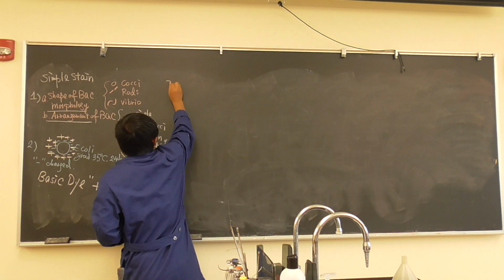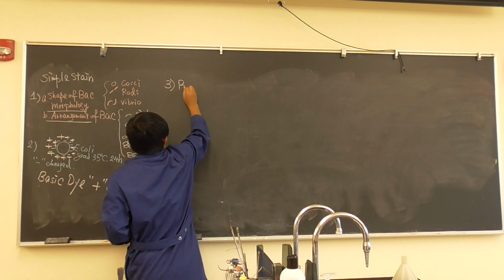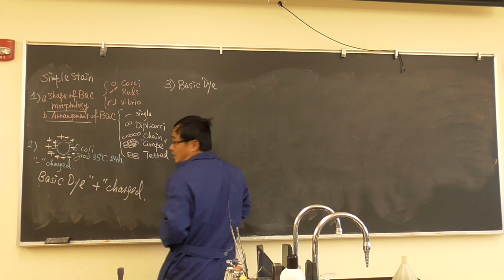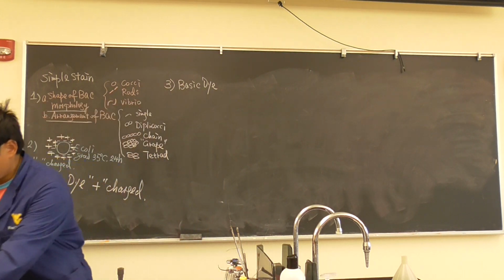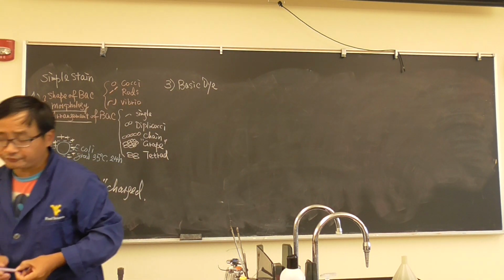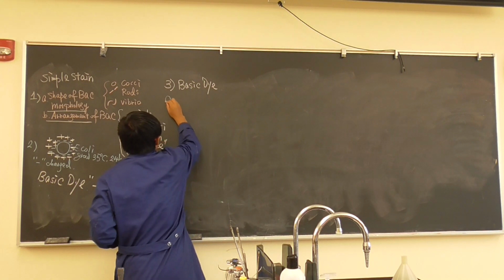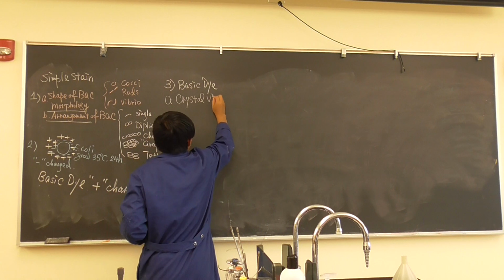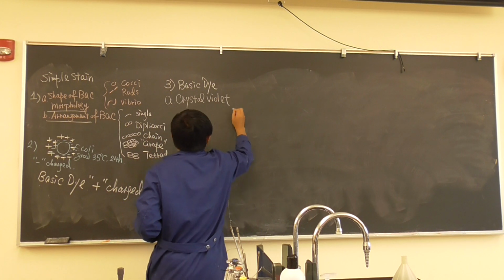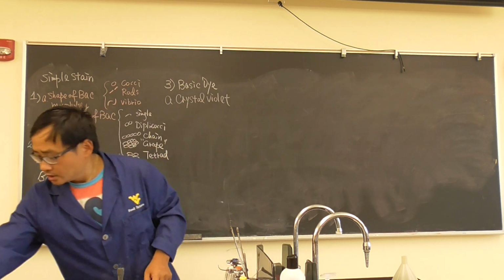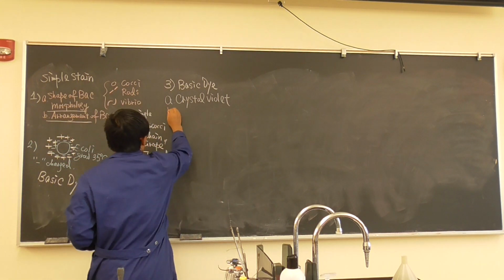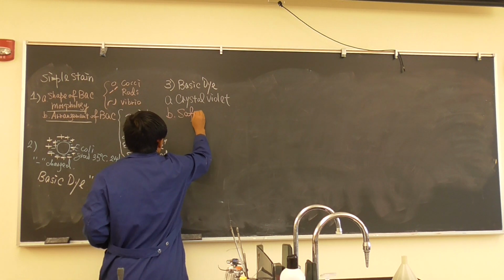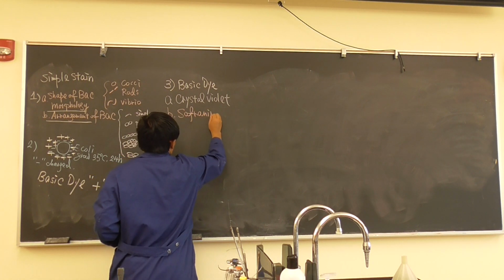Now, it comes to the third question, what are the basic dyes we're going to use? There are a couple we could use. Number one, we use very frequently, which is a purple color, called crystal violet. That's a purple color. Number two, usually it is a pink or red color. We call it safranin.